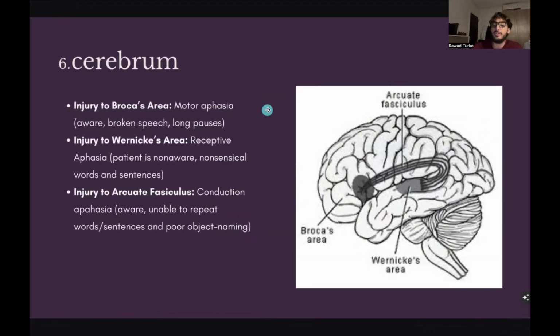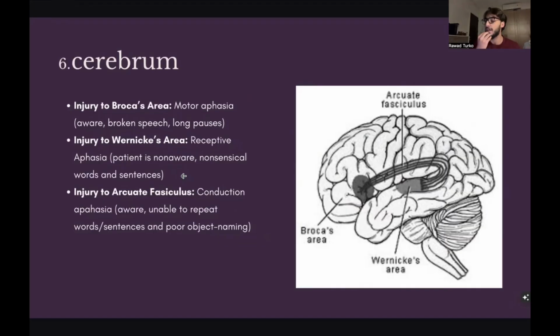All right. So injury to Broca's area here would cause motor aphasia, which means, first of all, the patient is aware that they're not able to speak. So they become very frustrated. They have broken speech and they have long pauses. But an injury to Wernicke's area, which is receptive aphasia, would mean that the patient is not aware.